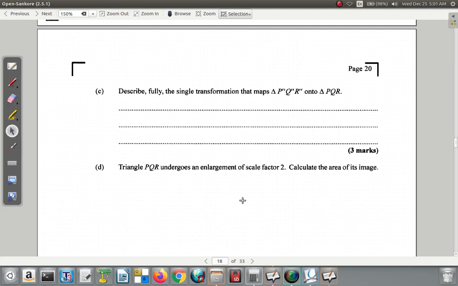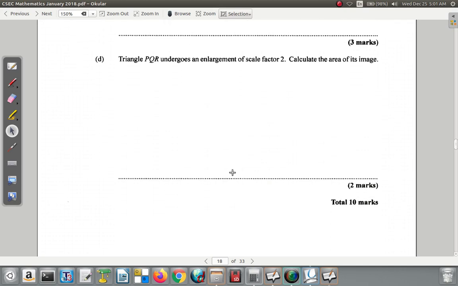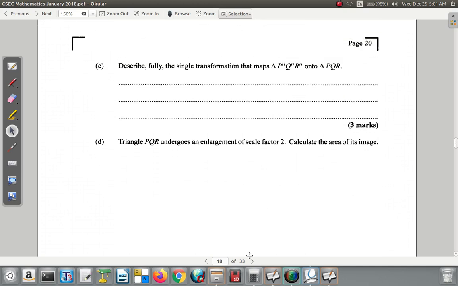Let's see what's happening here. Triangle PQR undergoes an enlargement of scale factor 2. Calculate the area of the image. Alright, an enlargement of scale factor 2, and you should calculate the area of the image.